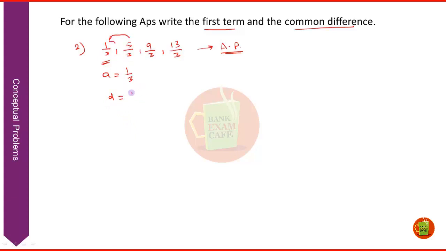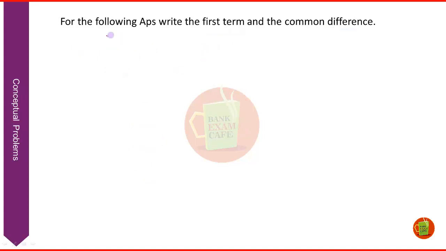So t2 minus t1, that is equal to 5 by 3 minus 1 by 3. Here 3 is a common denominator. So the numerator will be 5 minus 1, which is equal to 4 by 3. So a, that is the first term, is 1 by 3 and the common difference is 4 by 3. So this is the first term and this is the common difference.